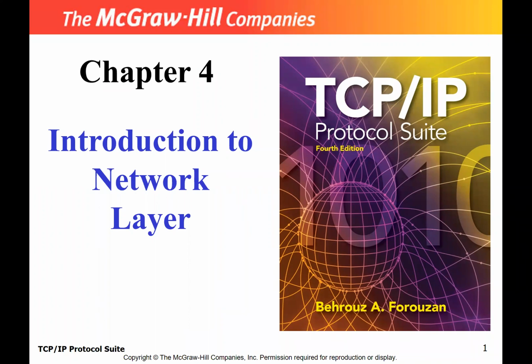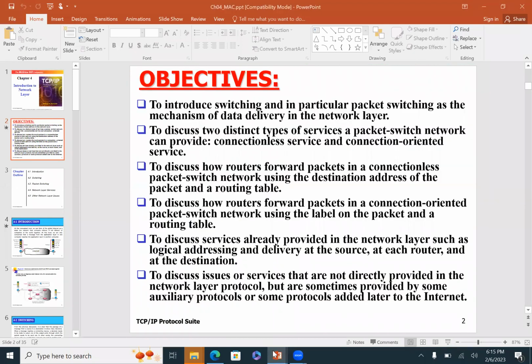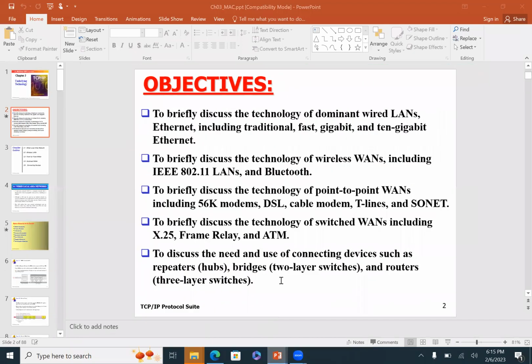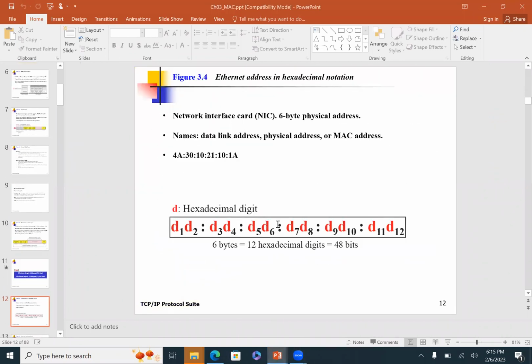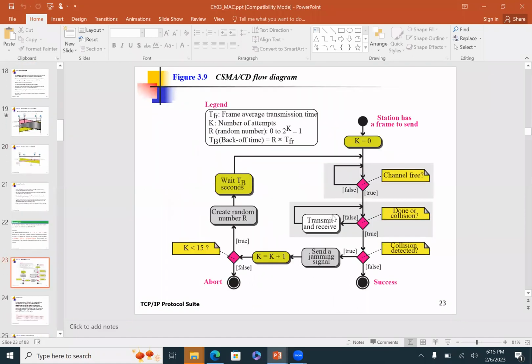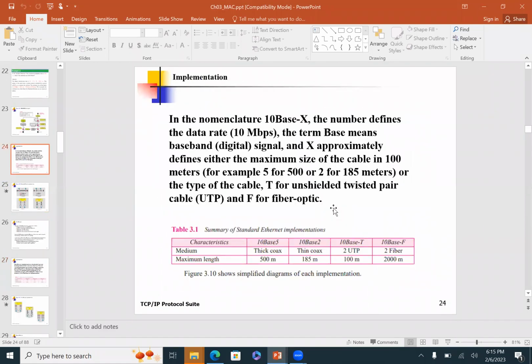So we discussed the first 2 layers, the physical layer, correct? And we discussed the data link layer. So just want to go very quick. And as we said in the data link layer, we discussed the Ethernet, correct? The Ethernet protocol, or not protocol, technology.